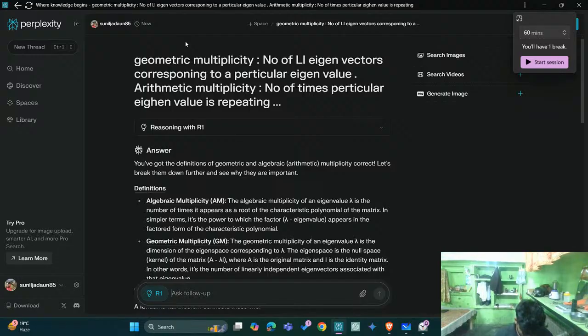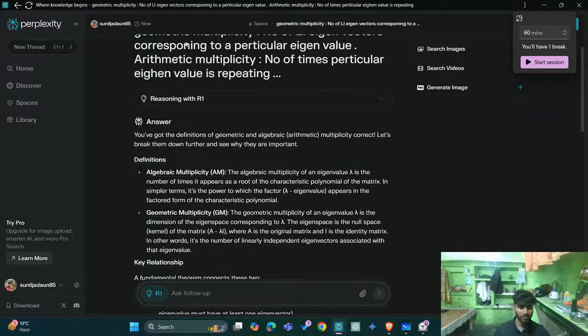But if any eigenvalue only repeats one time, right, unique, then it can have at most one linearly independent solution corresponding to that. Alright, at most one. In this case arithmetic multiplicity is equal to geometric multiplicity.